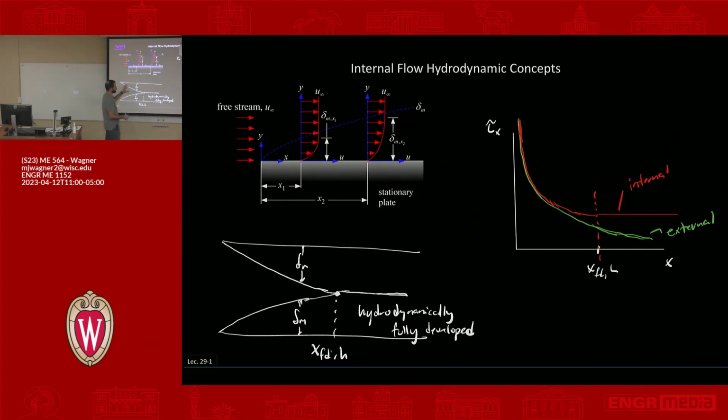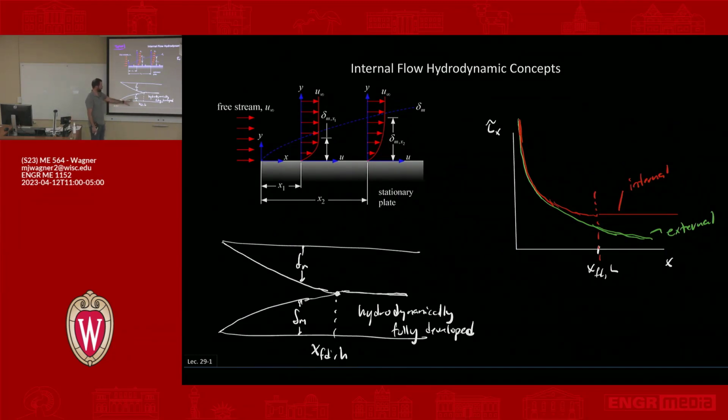If you're creating a model of, say, pressure drop or heat transfer coefficient, the big question is usually whether this developing region is an important part of my overall length. Is the pipe 100 meters long and this happens in the first centimeter? If so, usually you can neglect that. It's not important.